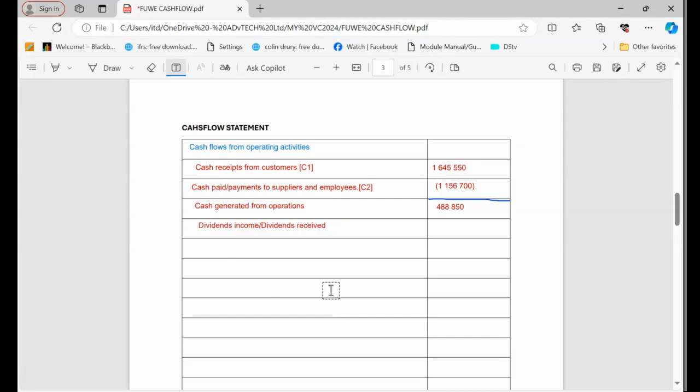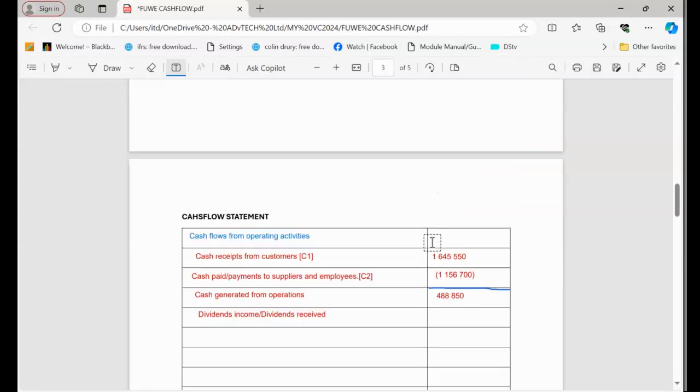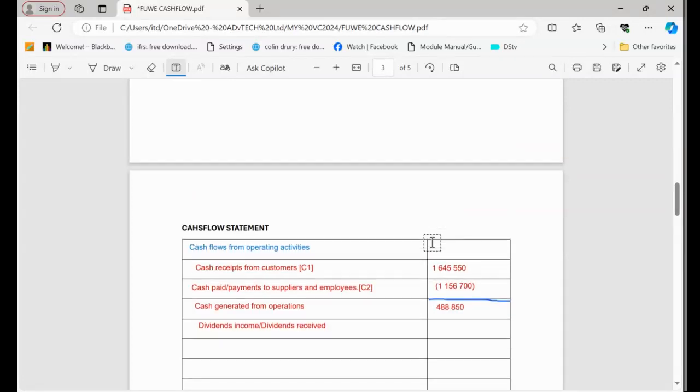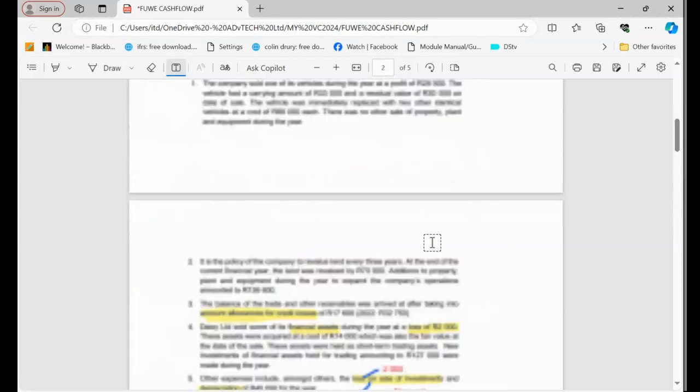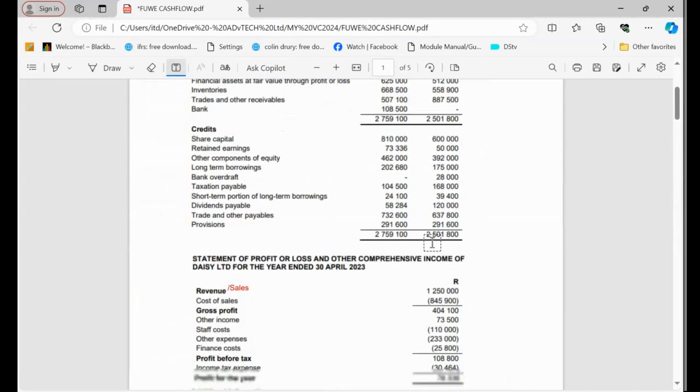Dividends can come from investments. We just have to go and look for the dividends in our information. We have to check if there's a need for calculation or not. Let's go up there and check if you've got any dividends income.